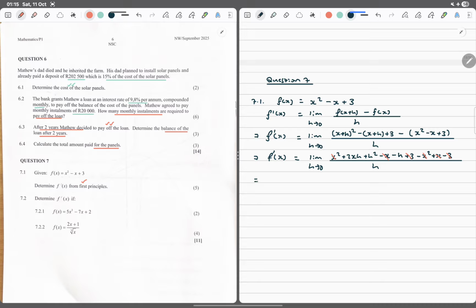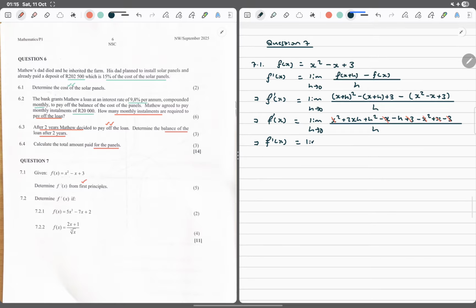But again, we simplify systematically. F prime of x is the limit as h tends to 0 of 2xh plus h squared minus h all over h.